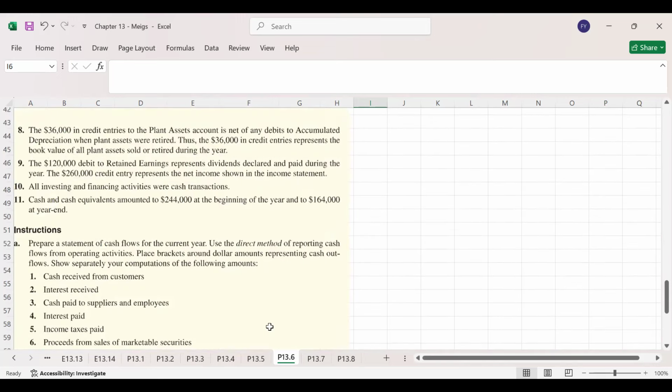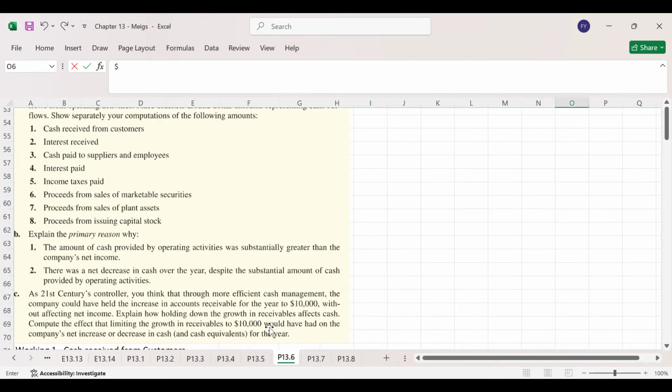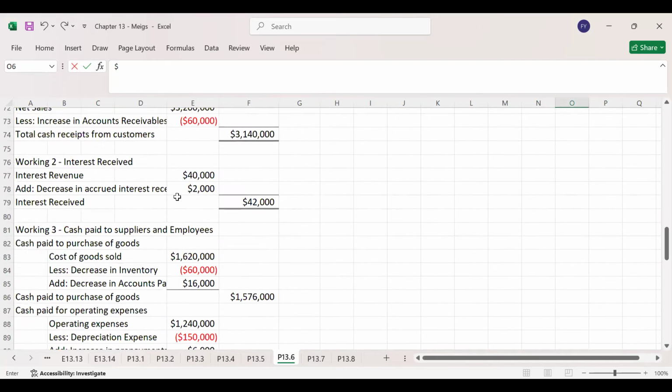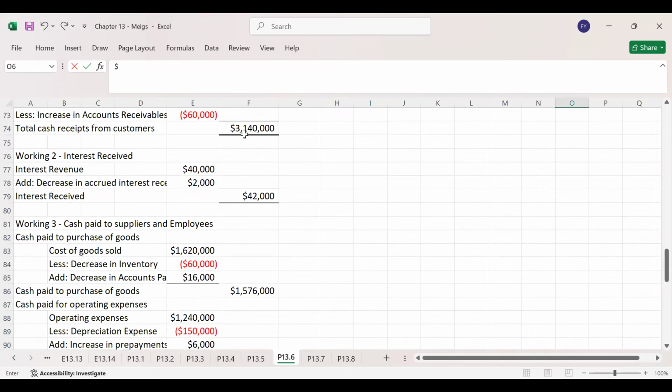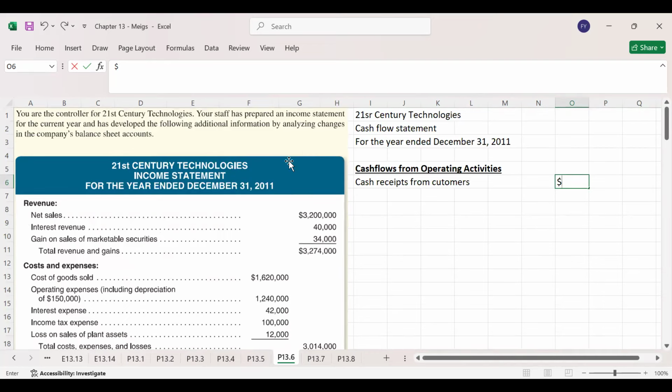So we are going to calculate cash flows from operating activities. First of all, we have cash receipts from customers, which is total, you can see here in working number 1, 3,140.